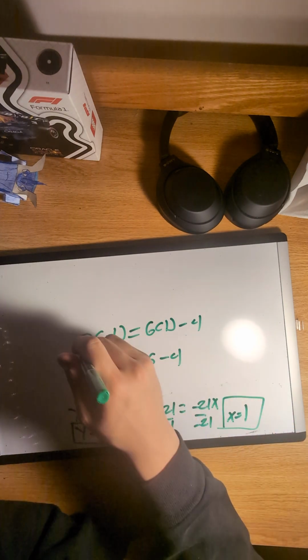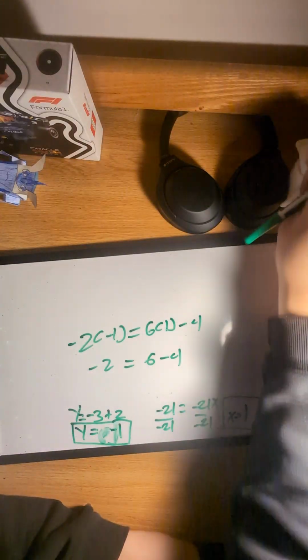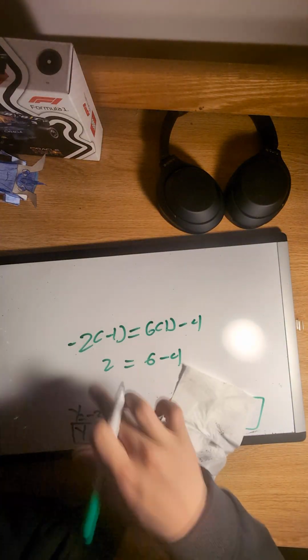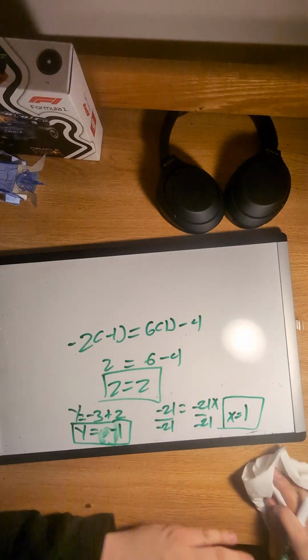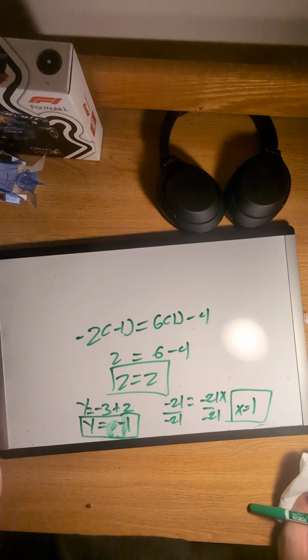Oh, sorry, my bad. It's a negative 2, that's why I messed up. That would actually be a positive 2. So 2 equals 6 minus 4. 2 equals 2. Pretty straightforward and pretty easy.